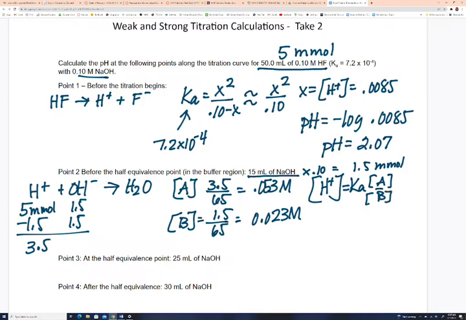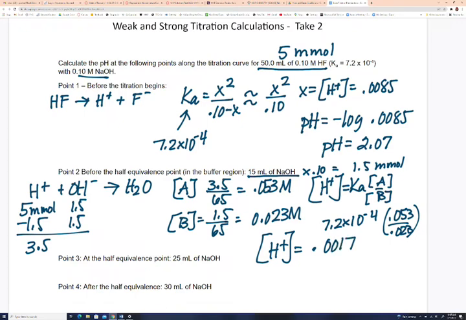Okay, so now we would get 7.2 times 10 to the negative 4 times 0.053 over 0.023, and we get that our hydrogen concentration is equal to 0.0017, and then pH would be equal to the negative log of 0.0017, and so we get a pH of 2.77. Okay, so that's how we would do it before we reach that half equivalence.